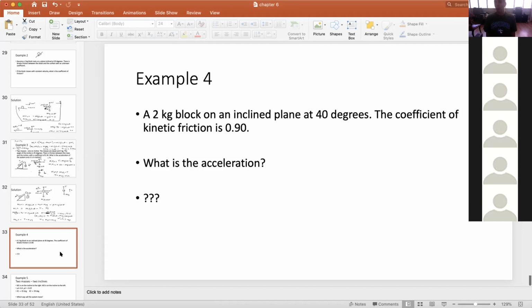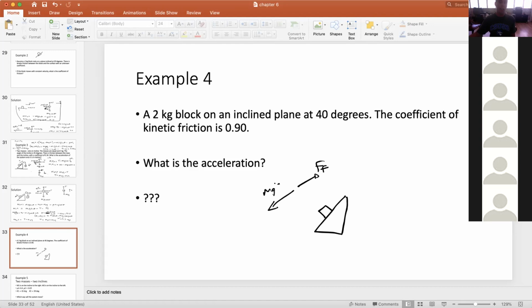We don't know. I will say this, though, that you know that it can't be accelerated up a plane by friction. You cannot have a block sitting on a friction surface and suddenly be sent upward by friction. We all know that doesn't happen, right? So in this case, you just have to know that this implies that it must be going down and the friction must be up.